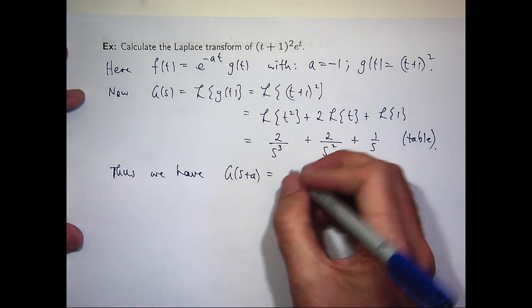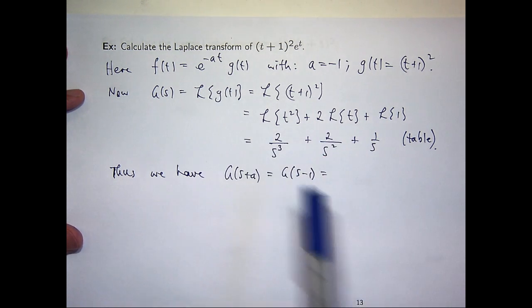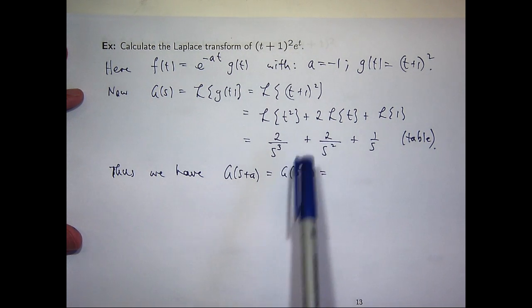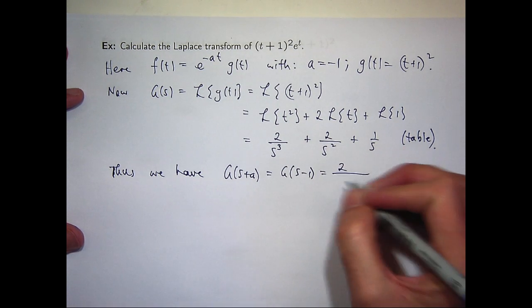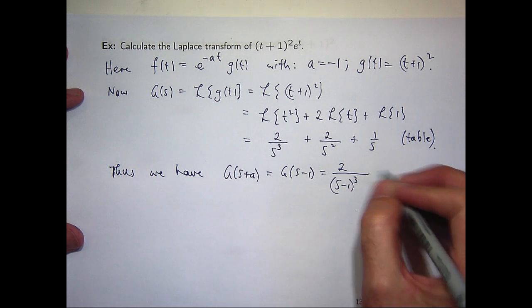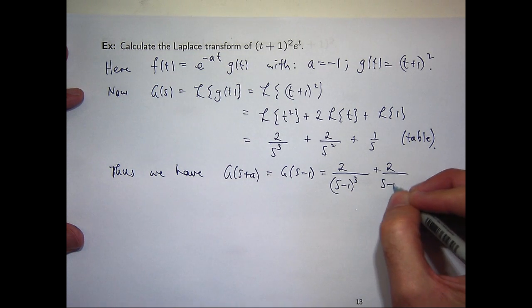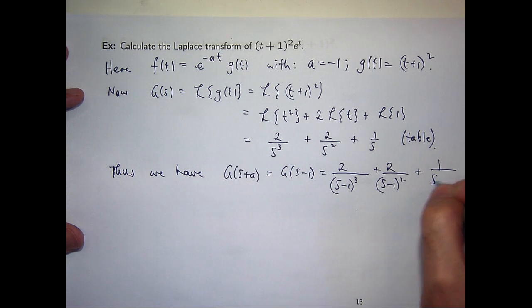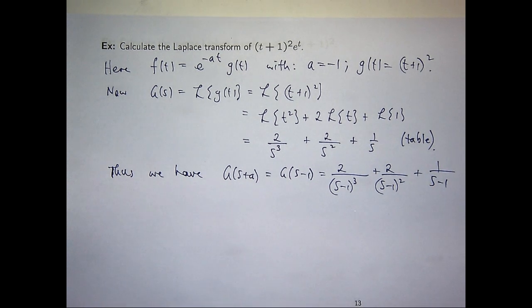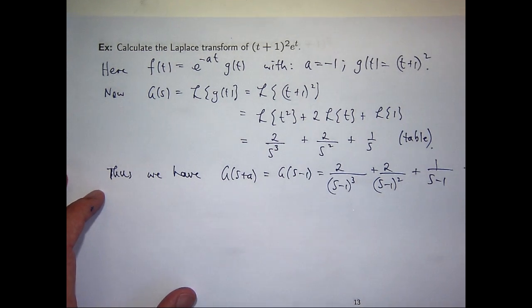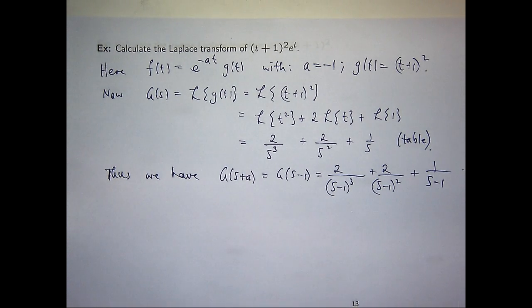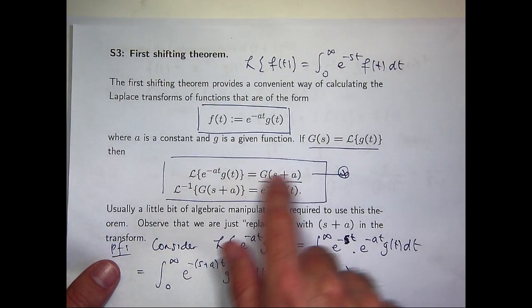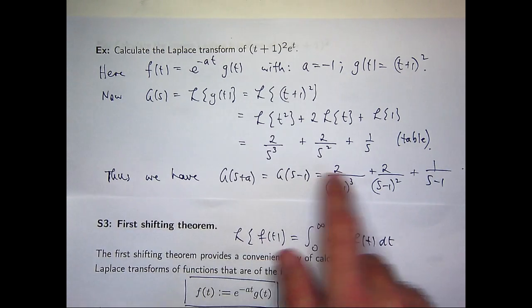Okay, so here my a is minus 1. So what I want to do is replace each s with s minus 1 in brackets. Okay. So now all we want to do is invoke the first shifting theorem. So the first shifting theorem says that the Laplace transform of this is this. So we've just calculated that.